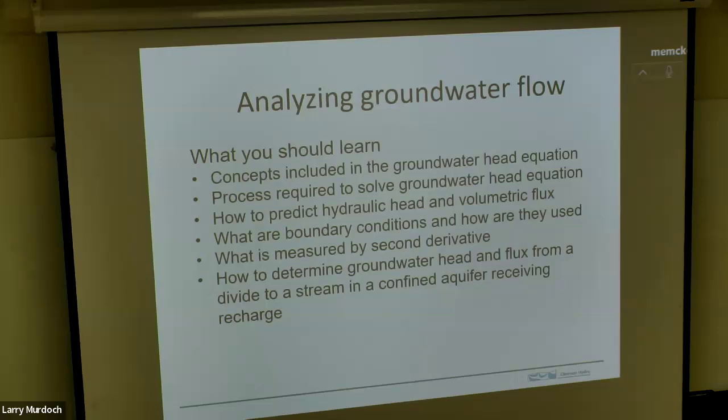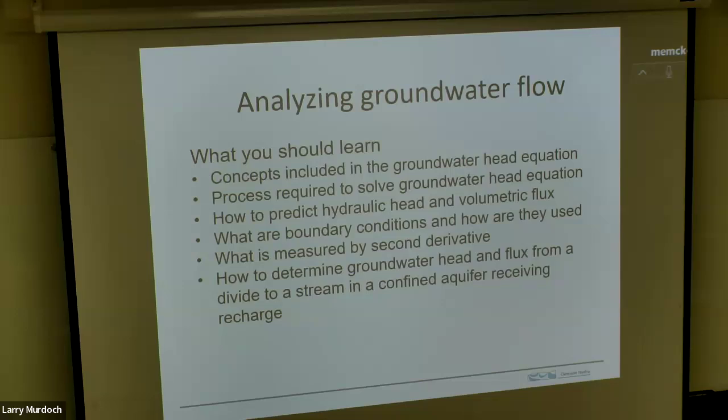And I want you to bring a pencil and a decent size eraser, because you're gonna have to erase stuff as you draw it. That's a technique called flow nets. It'll allow us to visualize what the flow system looks like.